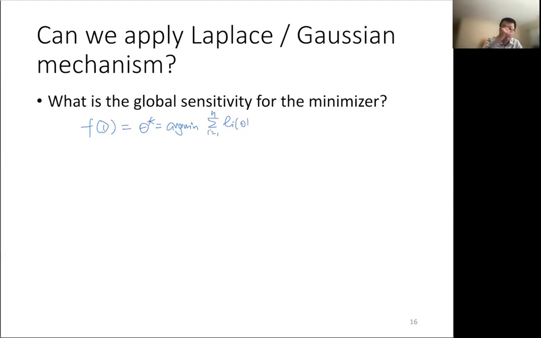Unfortunately, the global sensitivity of this minimizer is not bounded in general. We can see that by looking at the KKT conditions, the optimality conditions through the gradient equals 0 property. What we know about theta star is that the gradient of the sum of the individual loss functions at theta star is equal to 0.